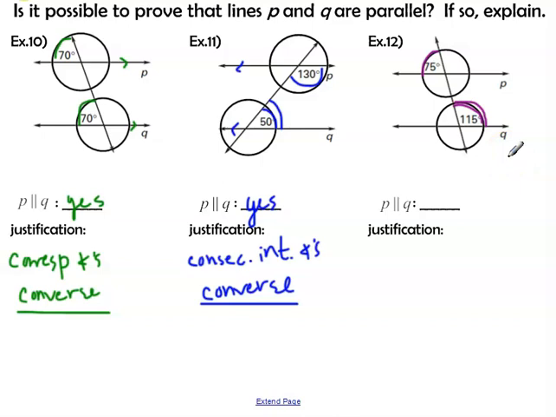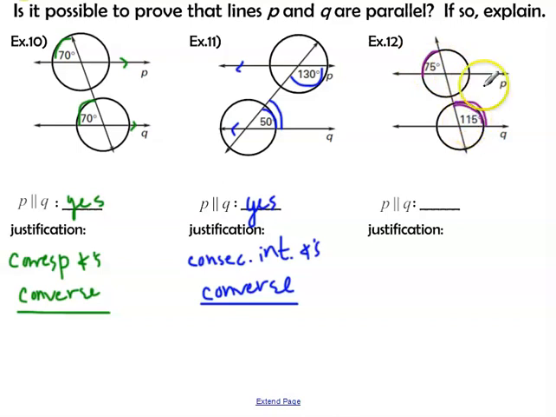So let's check the other ones. 75 is outside of line P, but 115 is inside of line Q. So the only other angles we can talk about are interior angles and exterior angles, but if you have one that's outside and one that's inside, they actually don't match.